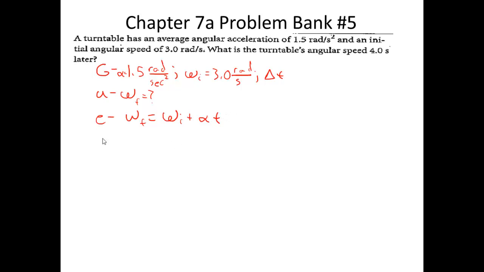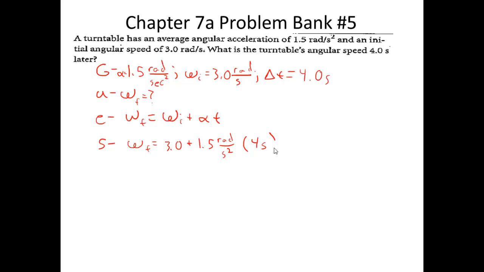Substituting everything in, we have 3.0 plus 1.5 radians per second squared times 4 seconds.